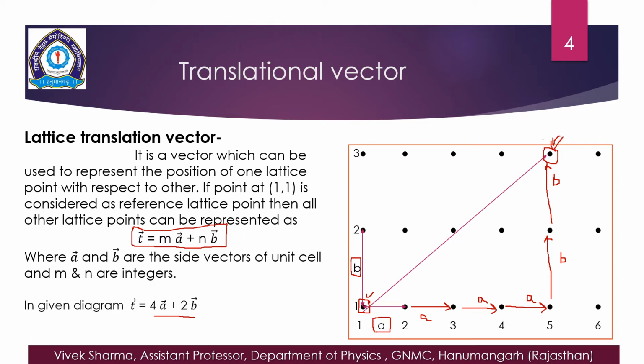Integer means some other lattice point cannot be situated in between these two. It must be some integers in the case of this structure. So it should be clear in our mind that a particular lattice point can be represented in terms of ma plus nb. This point will be used frequently in our forthcoming lectures.